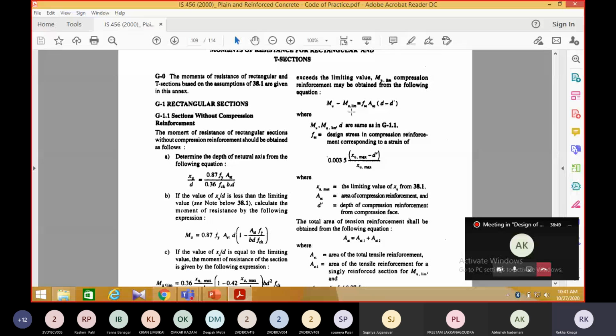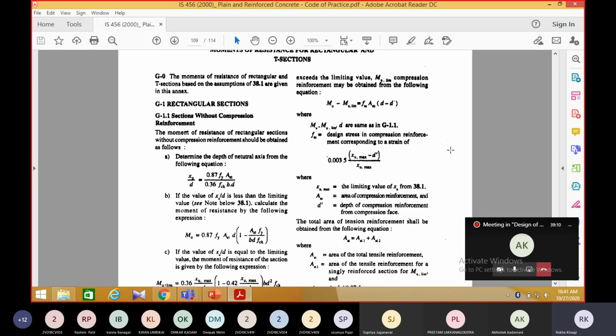The remaining moment is to be carried by the steel beam, which we call the second section. For that value of moment, we need to design the second section, so that we get the doubly reinforced section to be safe in the under reinforced category.